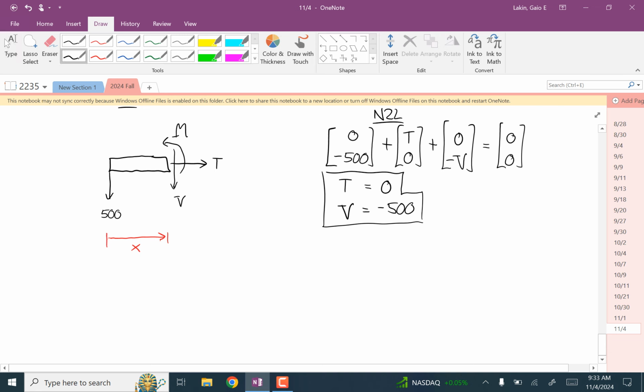But now the moment equation, we're doing our moment calculations around the left end. And so we have the couple that doesn't depend on a distance from the about point. But for the V, we have plus or minus a moment arm of x times this V. And it's minus because that arrow says it would be clockwise.